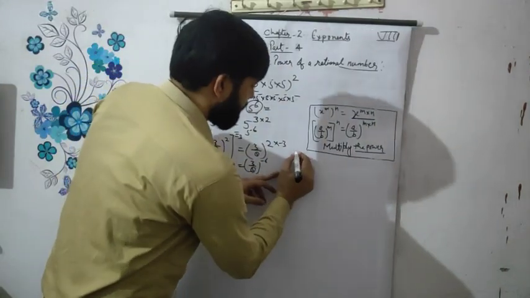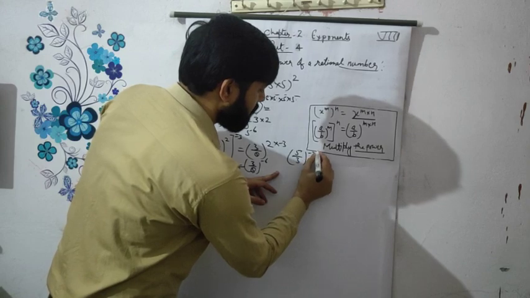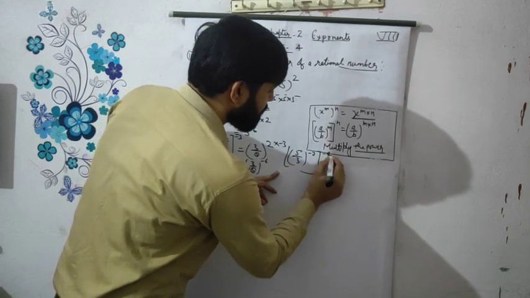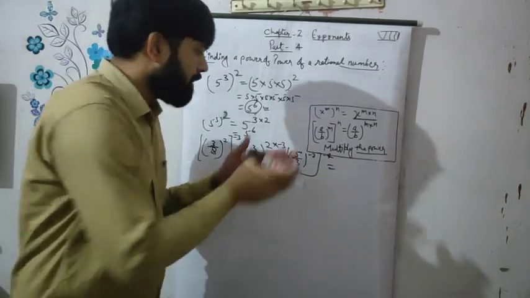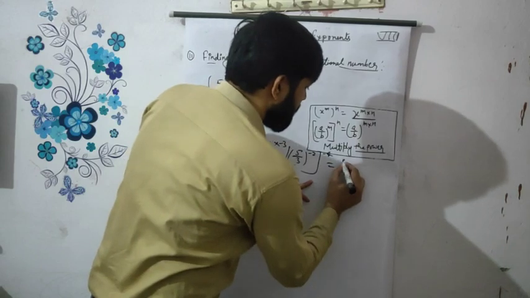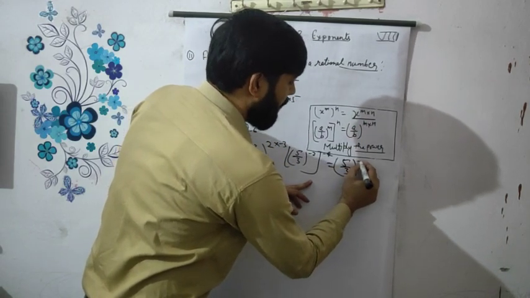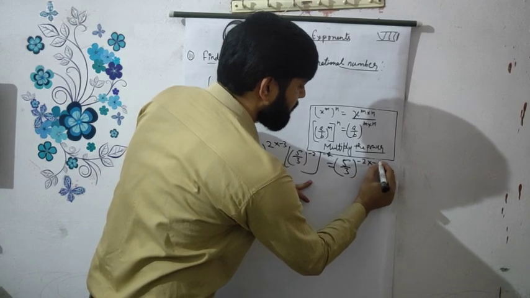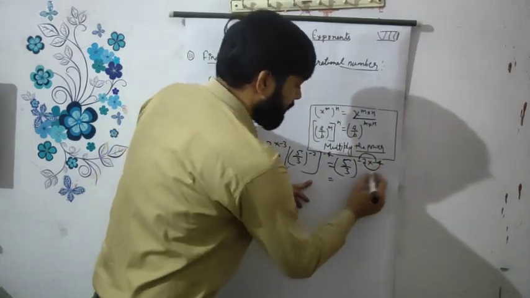Another example, 5 upon 3 raised to the power minus 2, and raised to the power minus 4. Just apply the second law of exponent and you can find the answer. 5 upon 3 raised to the power minus 2 multiplied by minus 4. Minus into minus is plus, so 2 fours are 8.